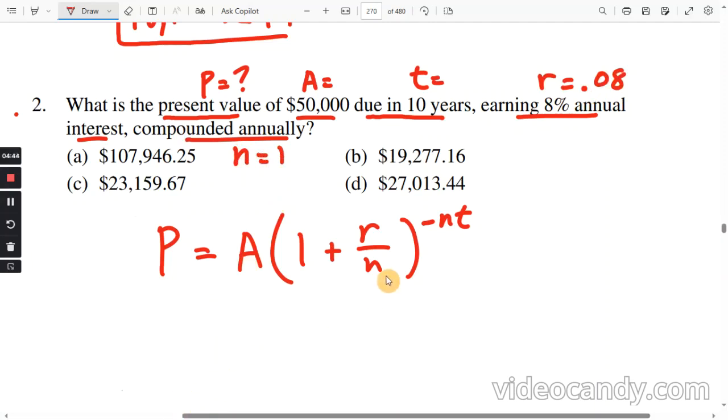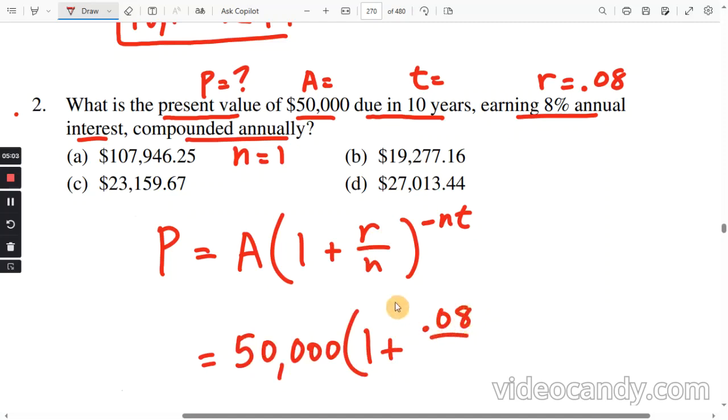So the N in this problem is actually unnecessary, but I'm going to leave it in just to show you. The accumulated amount is 50 grand, times 1 plus the interest rate, which is 0.08, divided by N, and that's times negative N, which is 1, times T, which is 10.